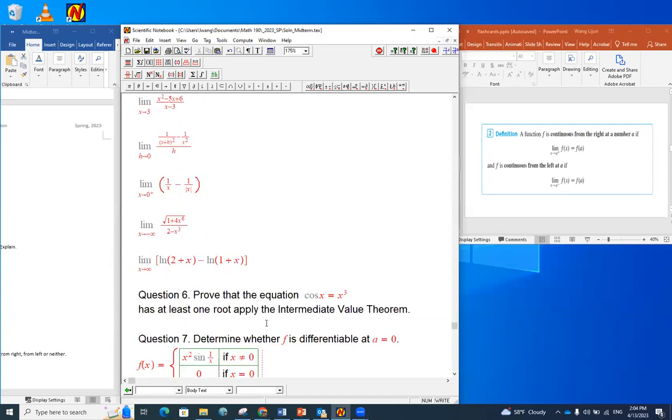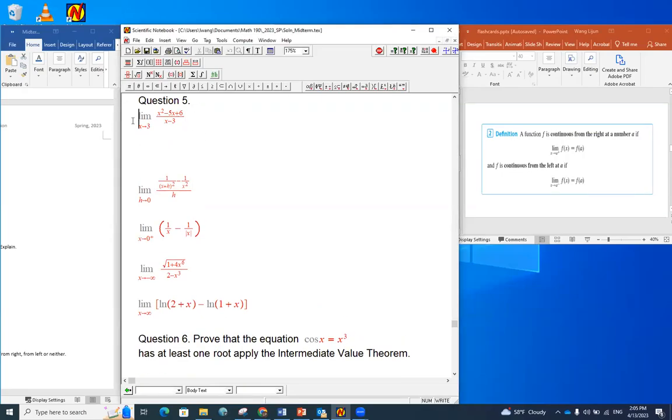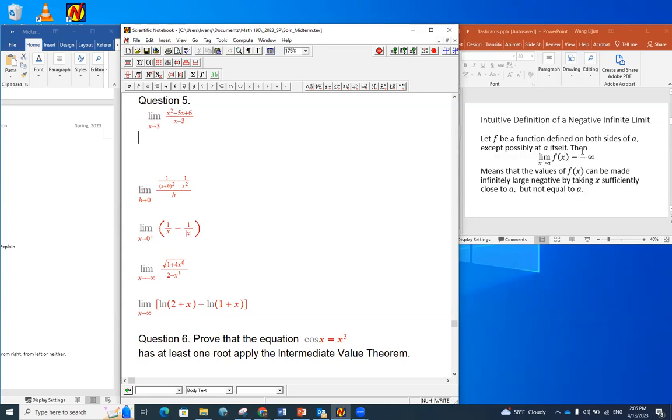So next we're going to look at these limits. I have copied these questions. Yeah, let's do it. The first one here, we really want to see if you can apply the definition of limit properly.